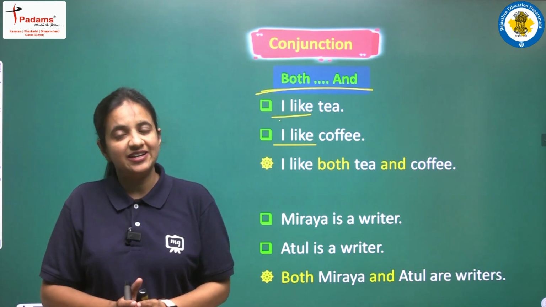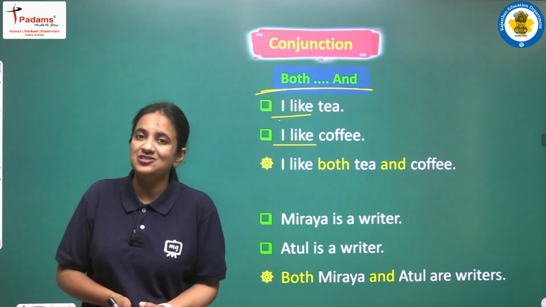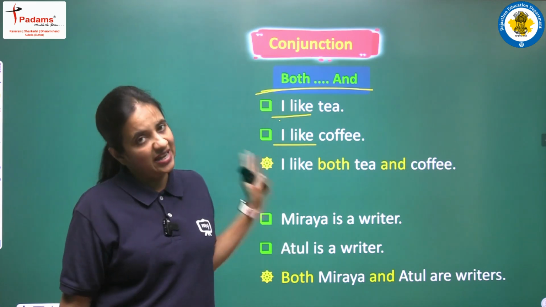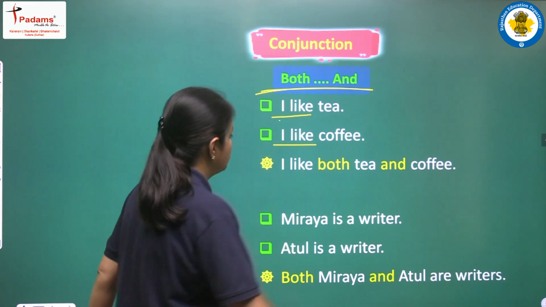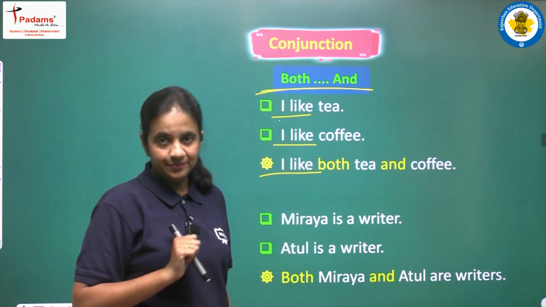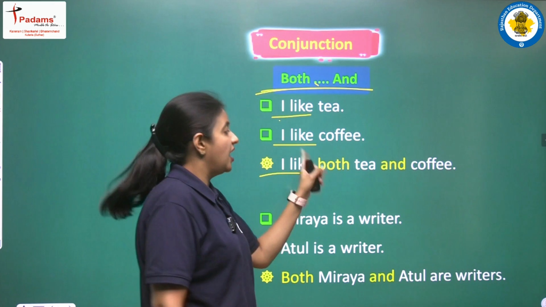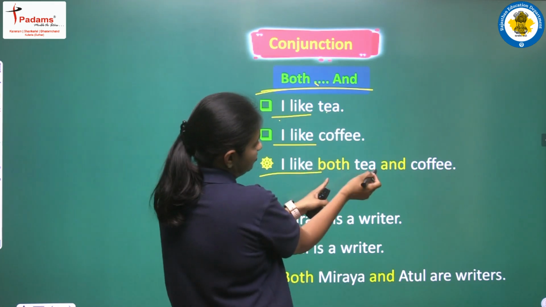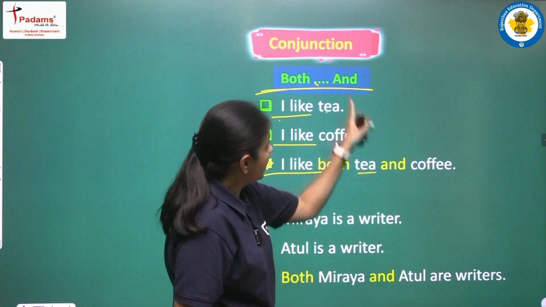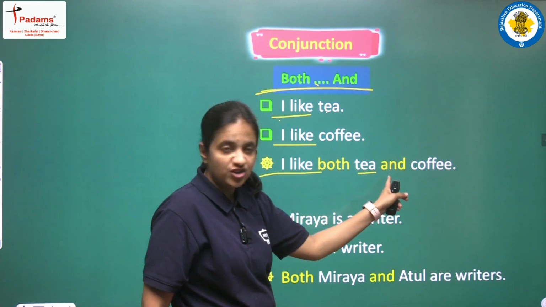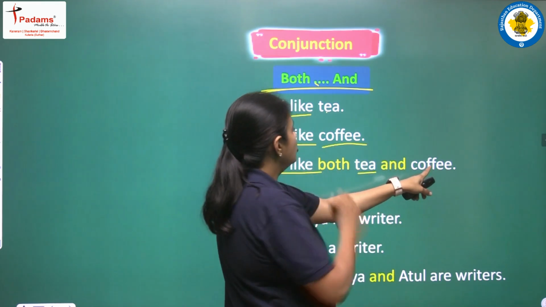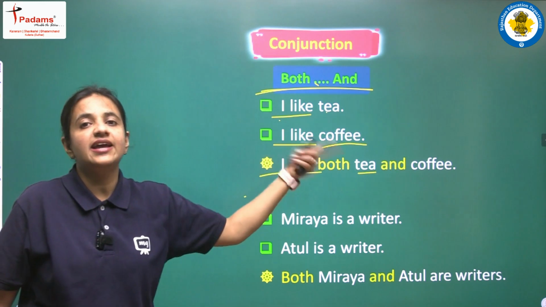I hope this is clear because we have seen so many examples already in the previous video. So again we are going to do the same thing. First of all we write I like. Next we have to use the conjunction. So first of all we write both. After both we write the first object, that is tea, then and, the second word of our conjunction, and after that we write coffee, the second object.